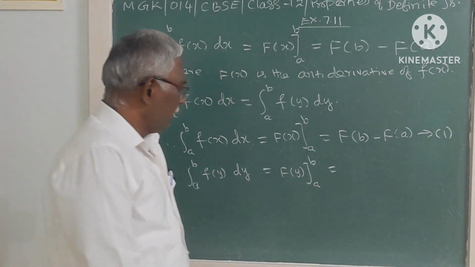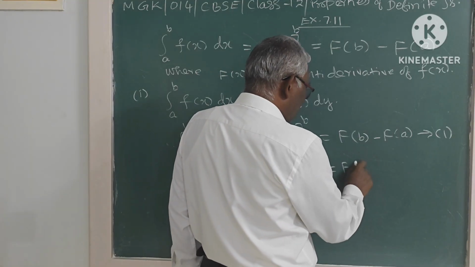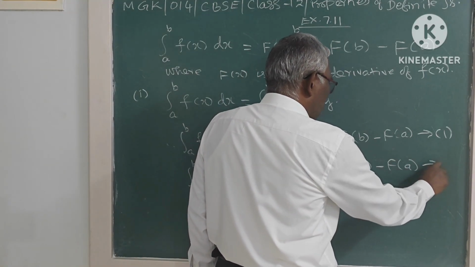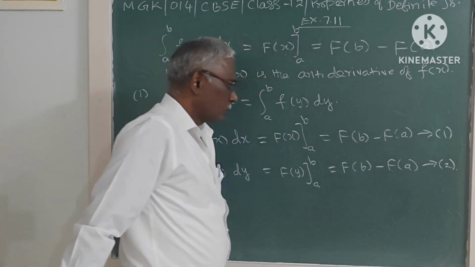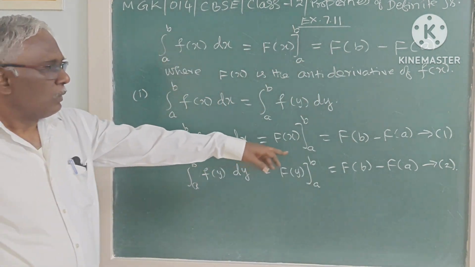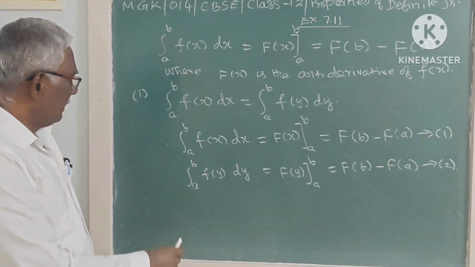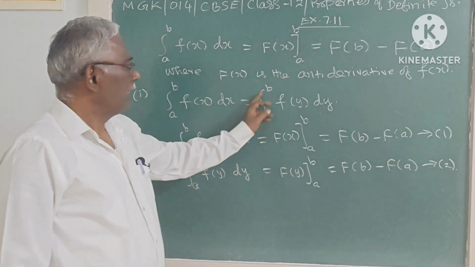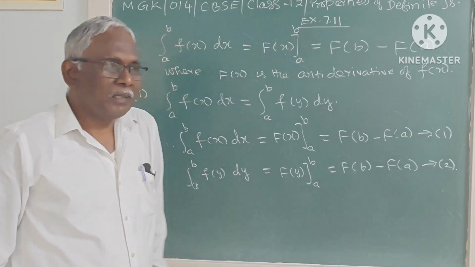When you substitute the upper limit, F of b minus F of a. We call this 2. From 1 and 2, you can see that integral a to b f of x dx is equal to integral a to b f of y dy.